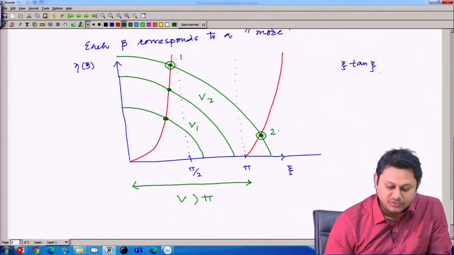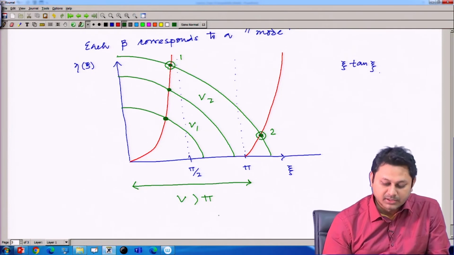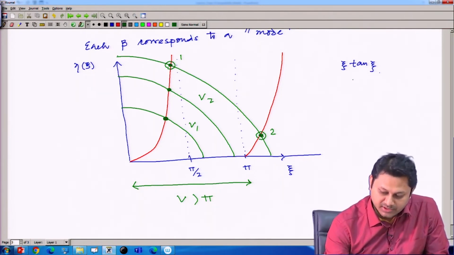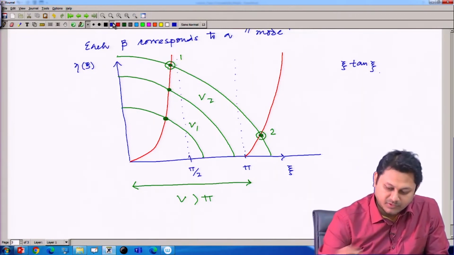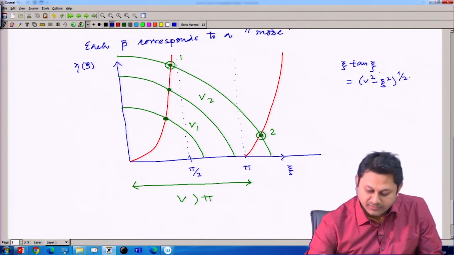This is the second solution. So far I was having only one solution, and there is no other cutting point. By the way, this transcendental equation is for symmetric mode. You remember, we consider this only for symmetric mode.